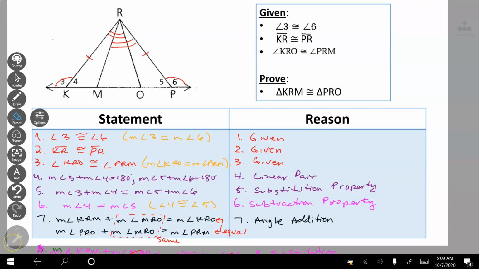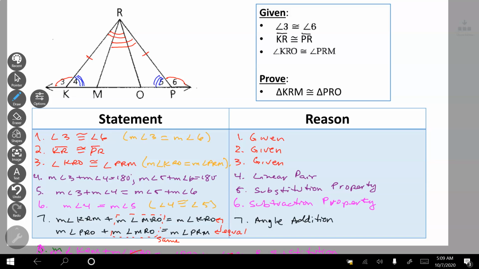Going through this proof, 3 and 4 are a linear pair, 5 and 6 are a linear pair. That means angle 3 and 4 added together is equal to 5 and 6. But since 3 and 4 are congruent angles, and I subtract them out, that means 4 and 5 are congruent angles.